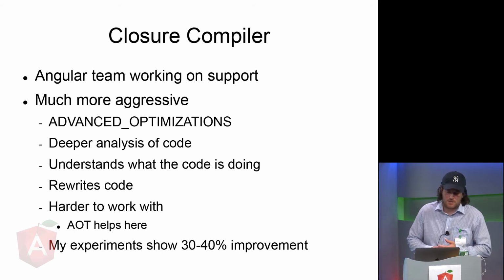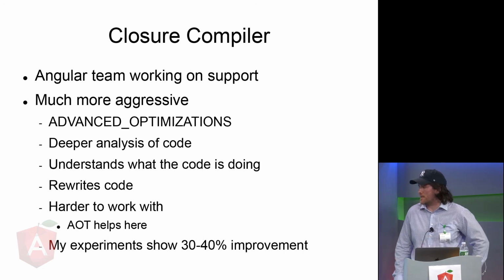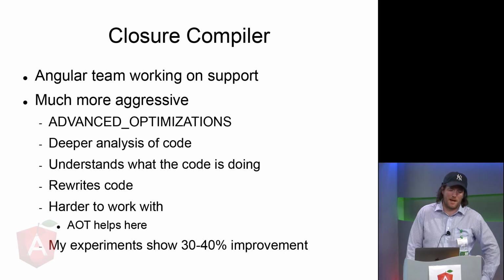Because most people haven't, right? It makes a lot of assumptions about your code. And one optimization that it does that's really effective is that it mangles properties. That means shortening the property names. Most safe minifiers will not do that. They will not touch property names.